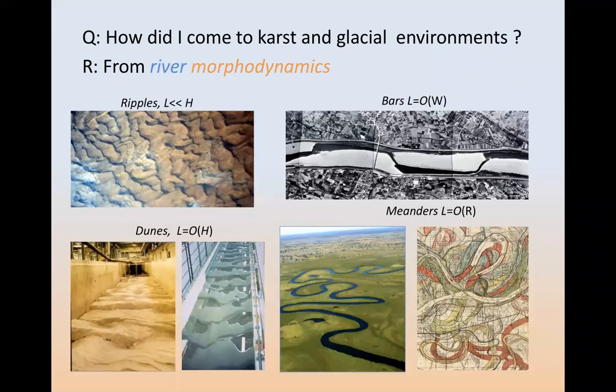But the main question is how did I come to karst and glacial environments? My background is basically fluvial morphodynamics. I did a PhD in hydraulic engineering, so I was very interested in patterns in fluvial environments, from ripples, bars, dunes to meanders, which exhibit a very wide range of length scales and landforms.